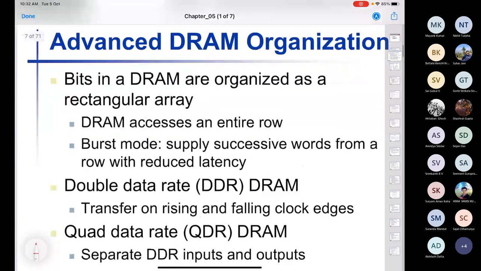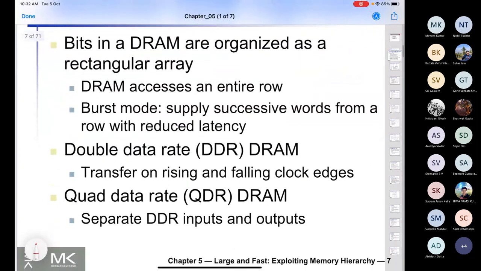Now, bits in DRAM are typically organized as a rectangular array, and the DRAM accesses an entire row. Usually you would not access only one word. We mentioned the principle of spatial locality and temporal locality. If you are accessing one word from memory, chances are you are going to access further instructions and data from somewhere close by very soon.